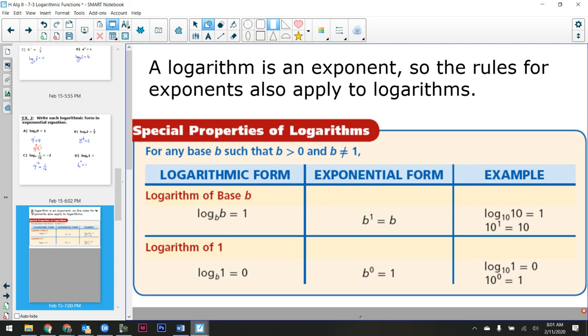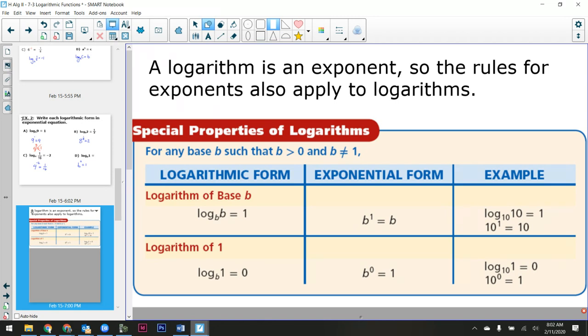Log base 1,000 of 1,000, 1. Log base 7 of 7, 1. Log base x of x, 1. Log base pi of pi, 1. As long as it is the same number, base as the number, log base b of b, it's always going to be 1. Why is that true?